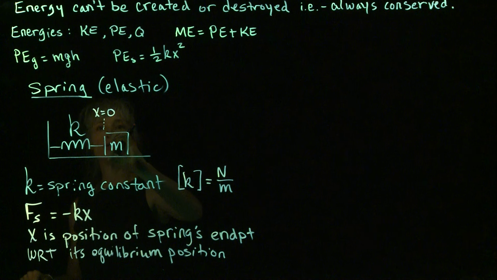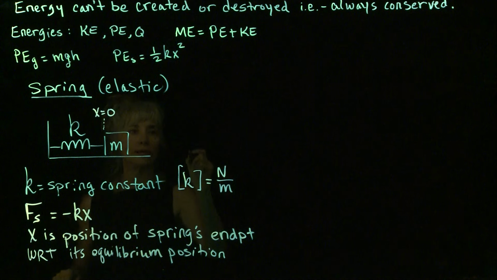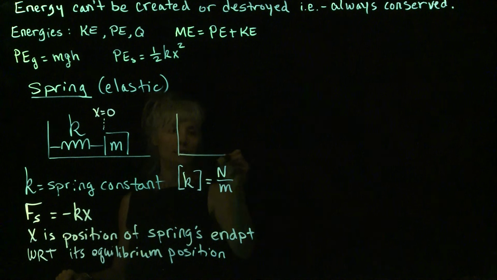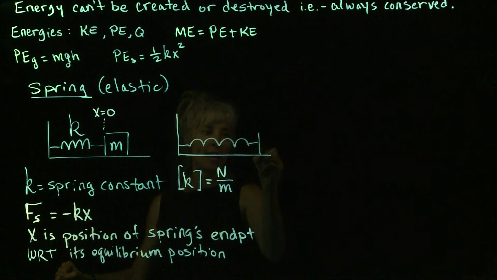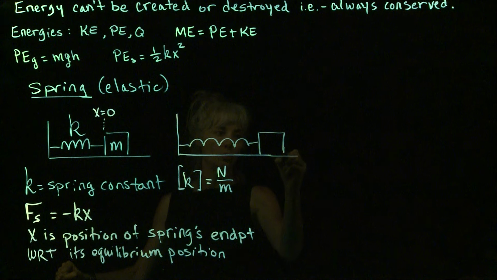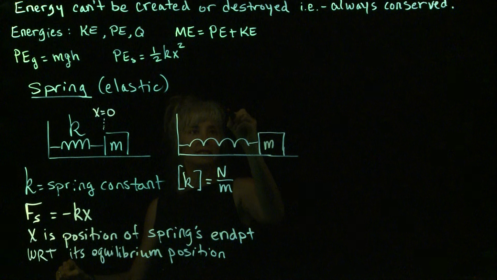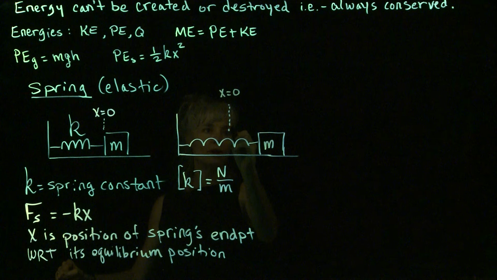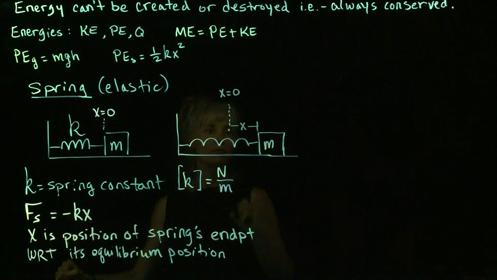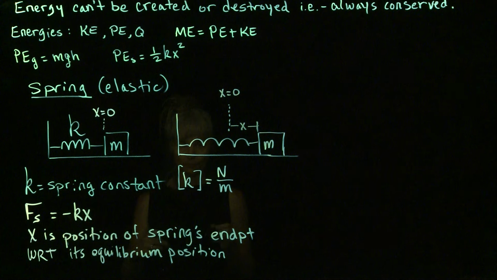Now let's imagine that we grab this mass and we pull it away from its equilibrium position. So now we've stretched the spring out some distance. This was our x equals 0. We've stretched it out some distance x from its equilibrium length.